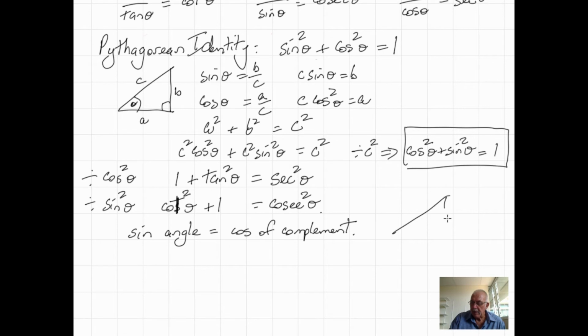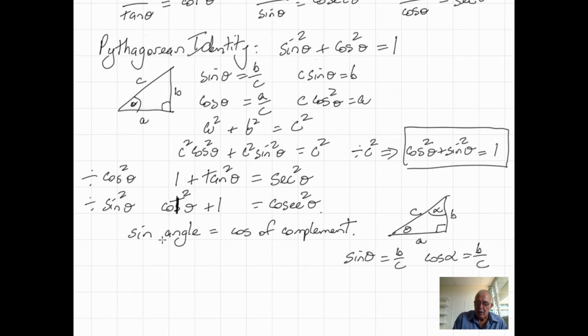If we go here, we've got theta, we've got alpha, we've got A, B and C. From this diagram, we know sine of theta is equal to B on C, and the cos of alpha is also equal to B on C, but we know that theta plus alpha must add up to 90 degrees.